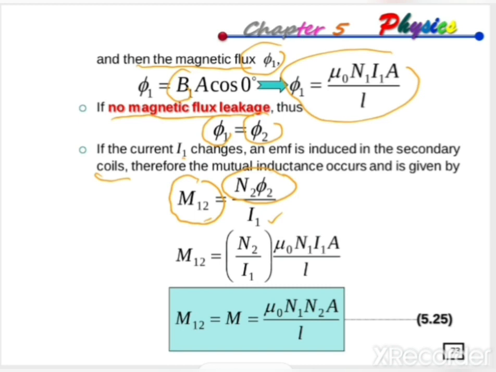When we substitute the equation of flux 2, which we know is equal to flux 1, we get the formula of mutual inductance by coil 1 on coil 2 equal to mu naught N1 N2 A over the length of the solenoid.